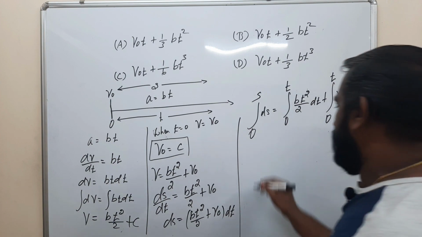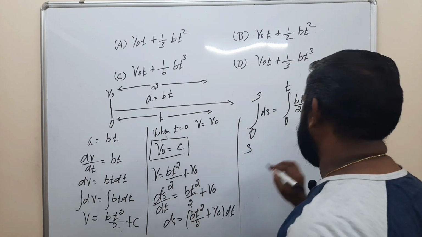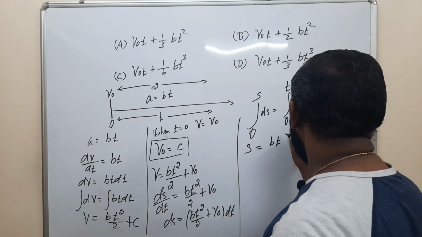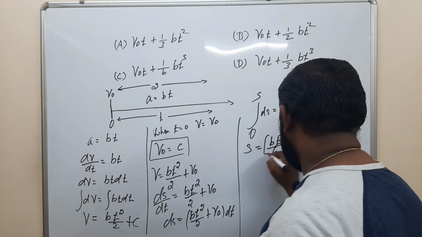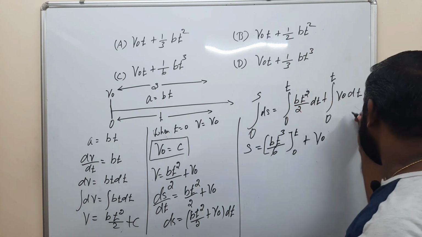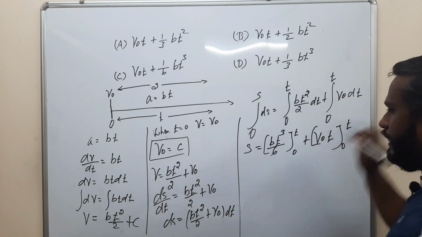So integration of ds, that is s. Apply the limit s minus 0, that is s, is equal to b t cube divided by 6, the limit is 0 to t, plus v0 is constant, integral of dt, that is t, with limit 0 to t.